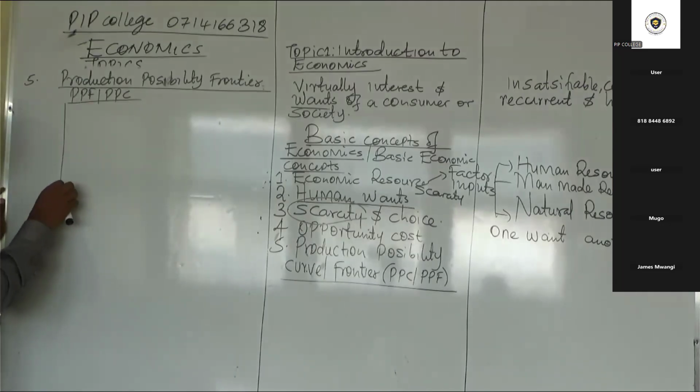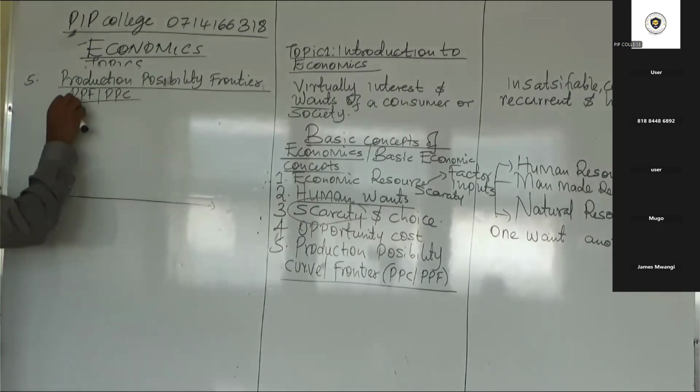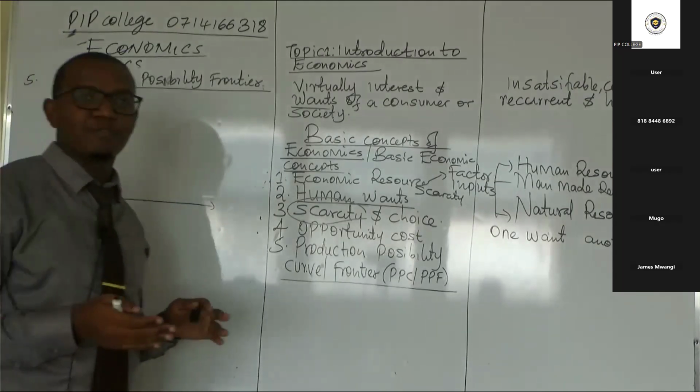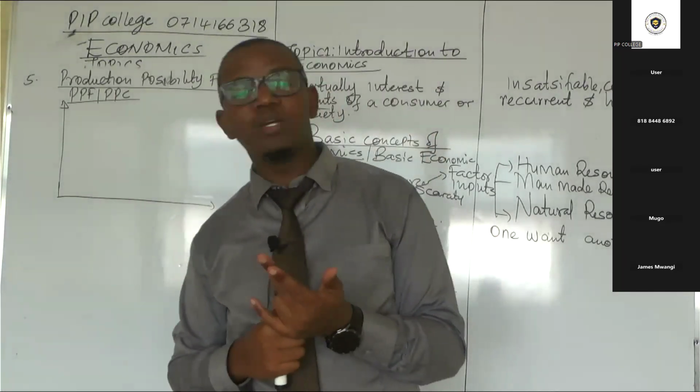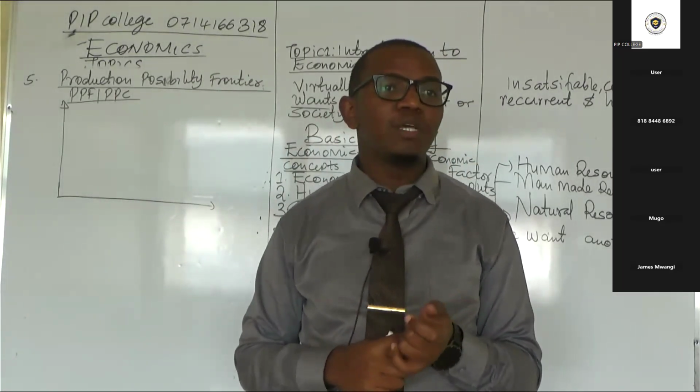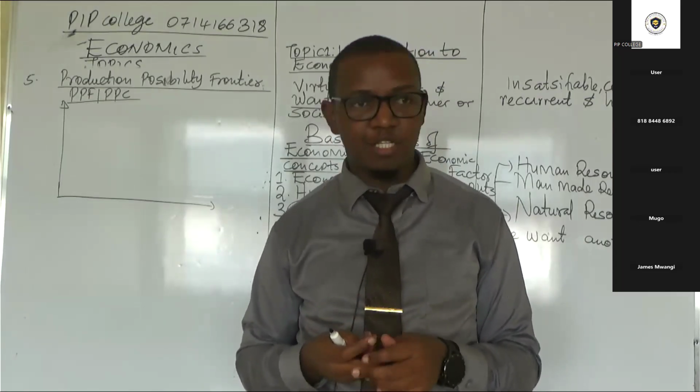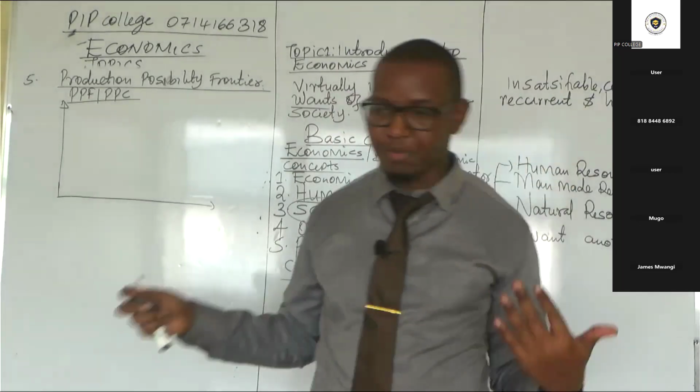Let me work on an assumption. Let me assume a country like Kenya is producing only 2 types of goods: agricultural goods and manufactured goods, or we can talk of them as products.